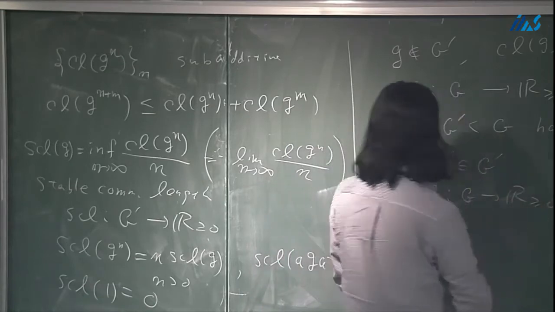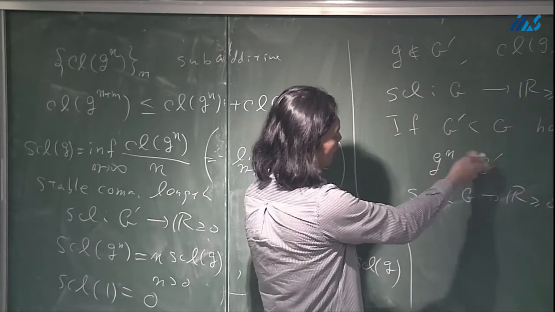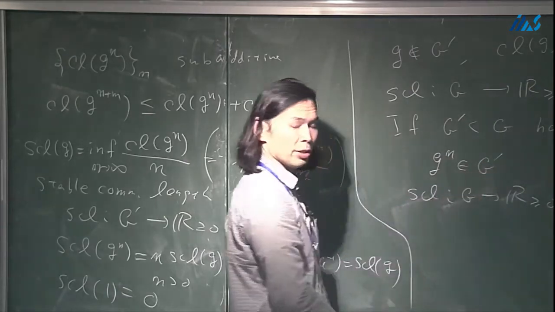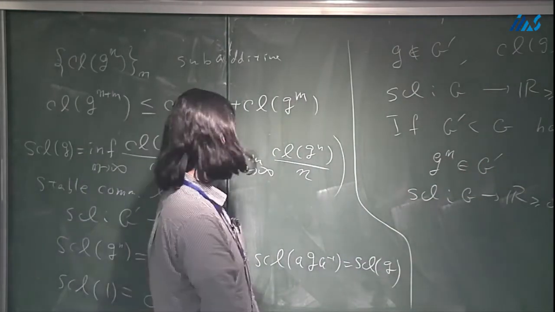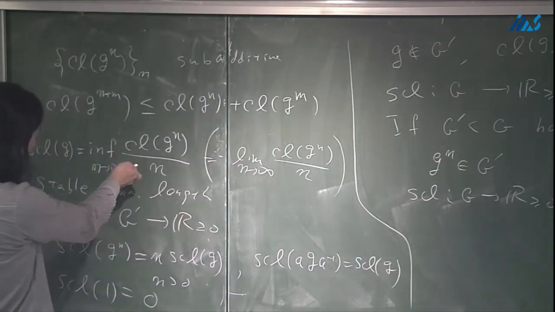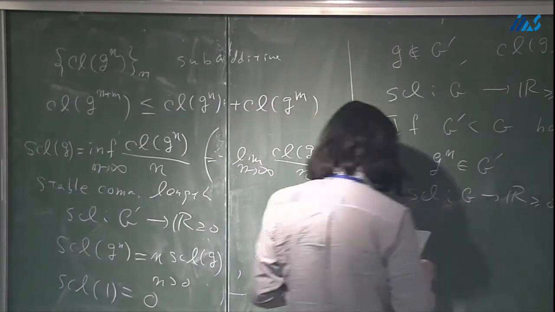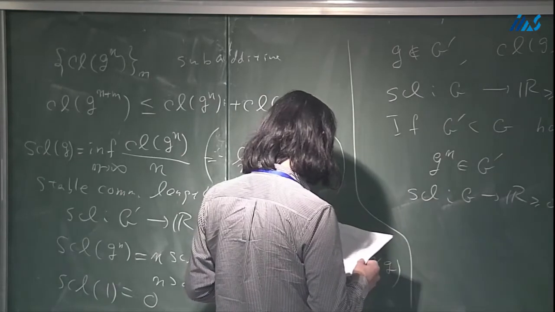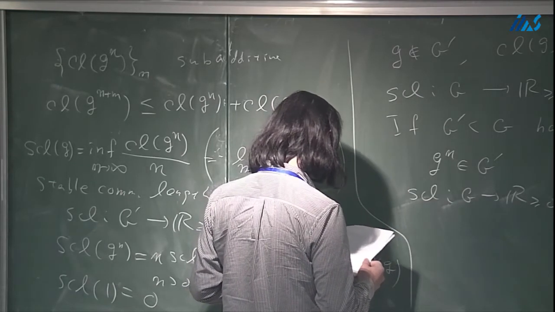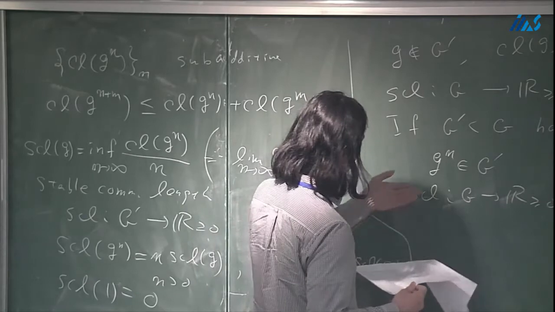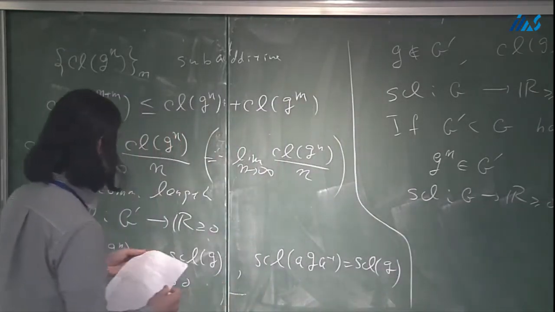So every once in a while this is in G prime, therefore the commutator length is just a number. Therefore, using this definition, SCL is also a number. So this is the definition, and we would like to say something about this function on G.